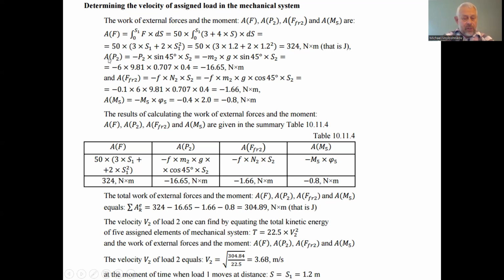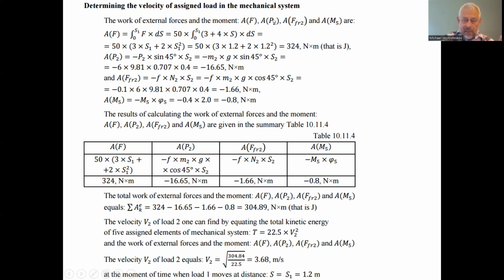Work of the weight of the second load, because the second load is on the inclined surface. Excuse me. First of all, let's put your attention, please, that all other works are with a minus sign. Why minus sign? Because all three forces, the force of the weight of the second load, the force of the friction of the second load, and the force of the moment of rotation, the frictions arise when the system begins moving.